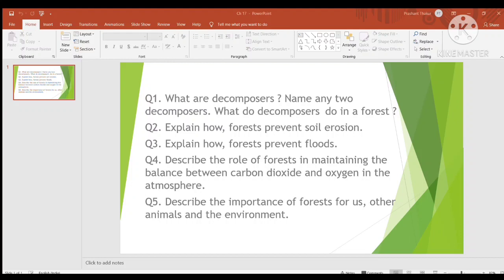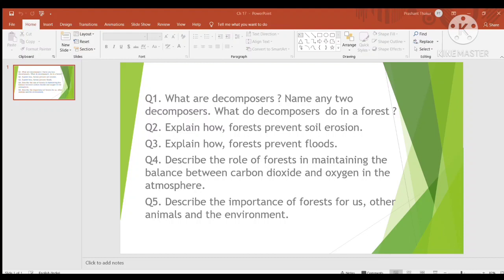So the nutrients that are formed by the decomposition of dead plants and dead animals get mixed with the soil of the forest and increase the fertility of the soil. And these nutrients in the soil can be used again by the plants for their growth.